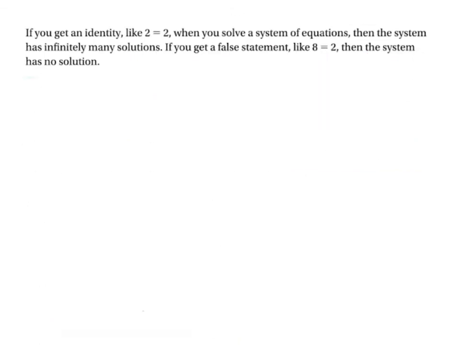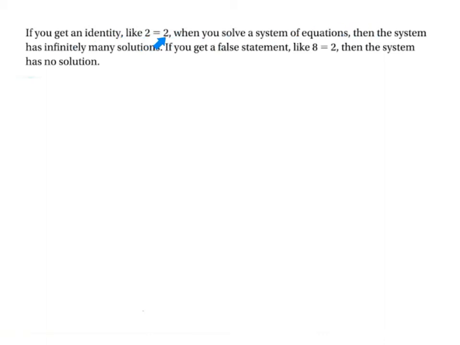Okay, so you might remember that there are two special cases. If we were graphing them, it would be that the lines were parallel, which means there's no solution, or that the lines were really just the same line twice, right? Right on top of each other, in which you get infinite solutions, okay? So if we get something like 2 equals 2, when we get to the end of it, we substitute one of the variables and the other one disappears too, and it just leaves us with 2 equals 2, then we call that an identity.